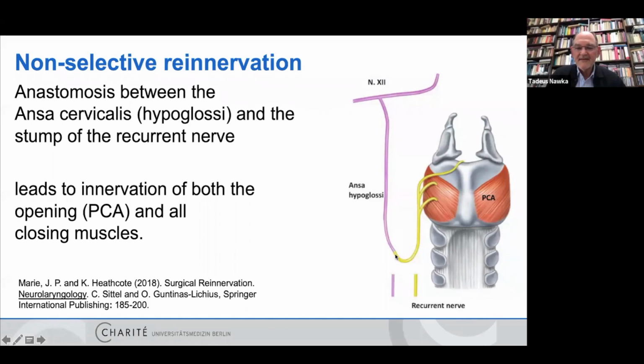That means that the recurrent nerve is anastomosed here, and this leads to an innervation of both of the muscles, the PCA and all the closing muscles. That means that the position probably is not much improved, but you have an innervation of the muscle and you avoid atrophy.